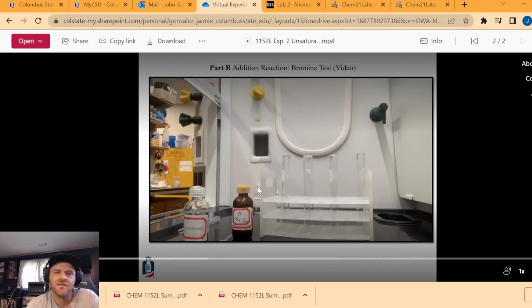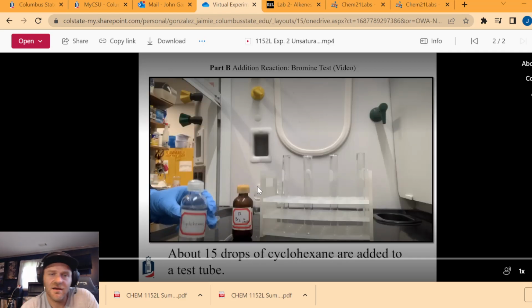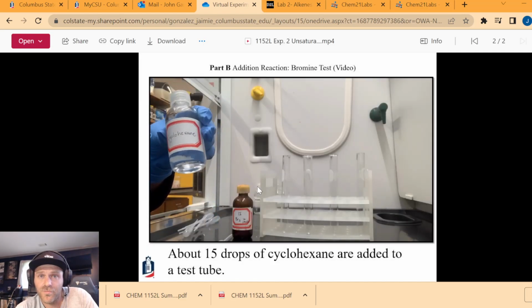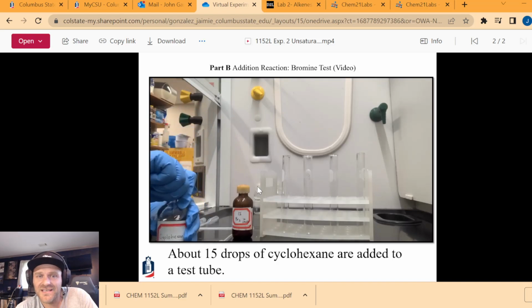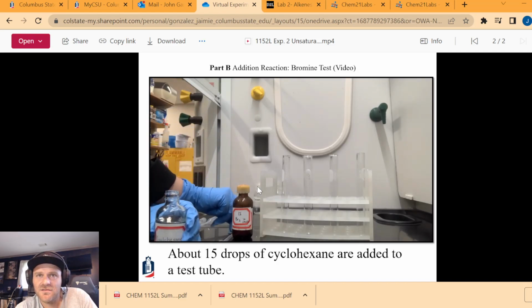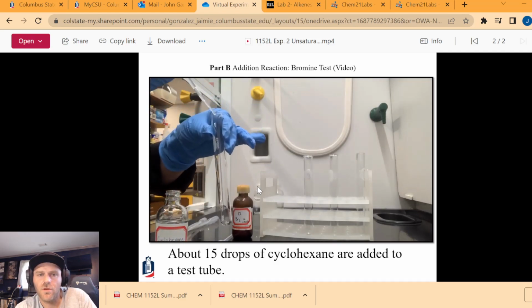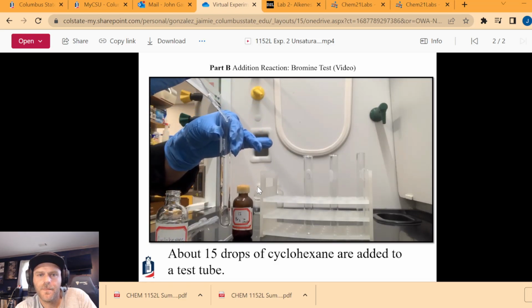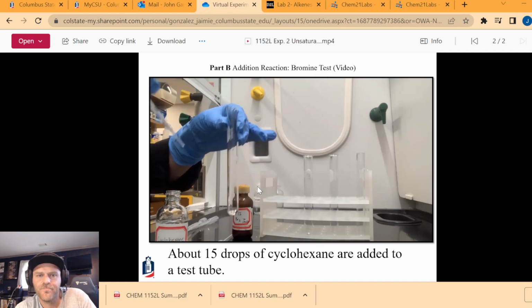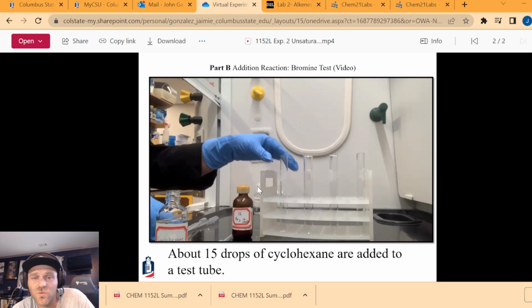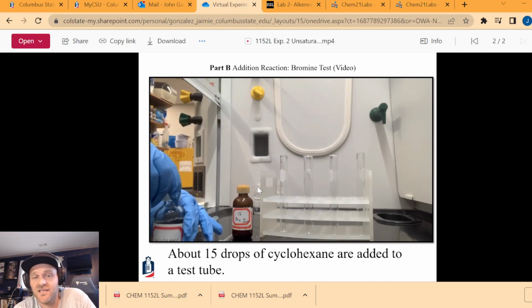Okay, so Jamie's going to go through and do the first bromine test on cyclohexane, which is an alkane, a single-bonded hydrocarbon. And bromine has a reddish color in general.